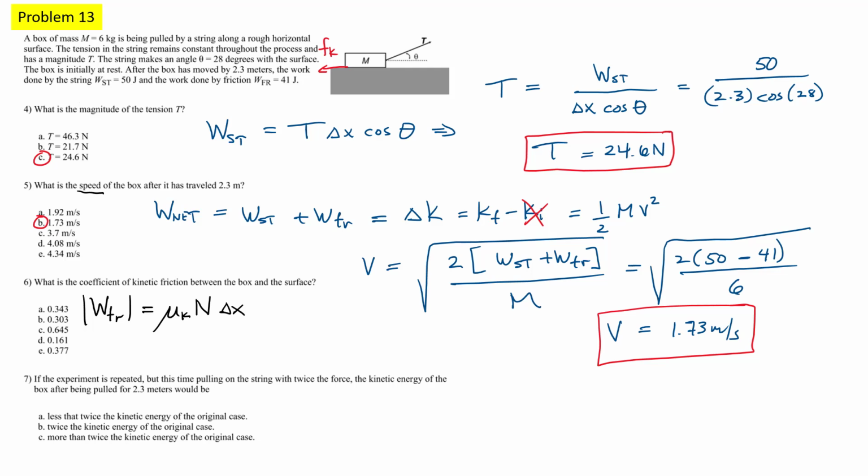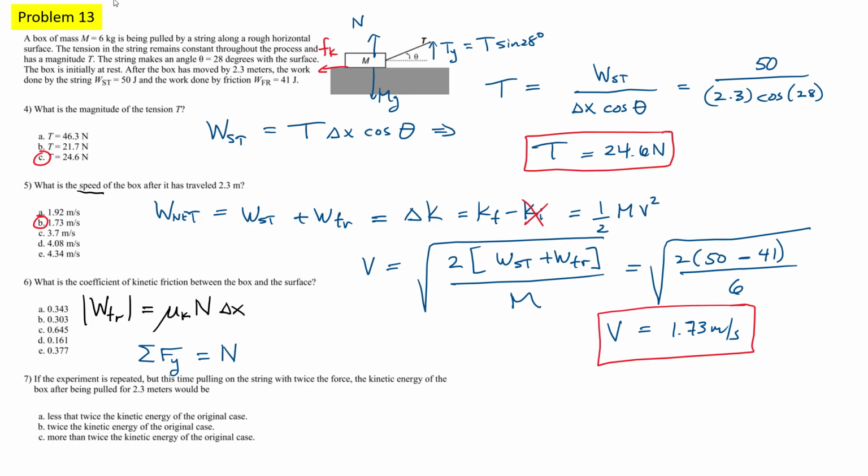In order to calculate the normal force, you have to look at all the forces acting in the vertical component. We have to break the tension down into a vertical component, and that vertical component is T sine of 28 degrees. Now how do we figure out the normal force? You add up all of the forces in that vertical direction. We've got the normal force acting up, we've got the weight acting down, and we also have this component of the tension, which is helping lift the block.